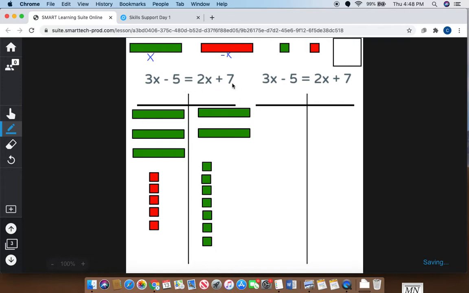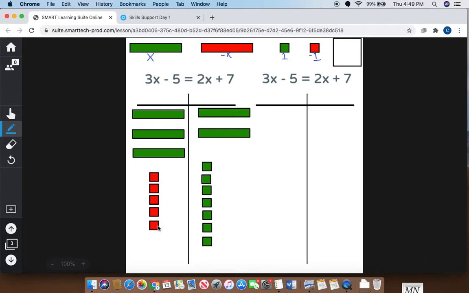Now the numbers, the real numbers here: a green little square means the positive 1. So if I have 7 squares, that means I have 7 ones. And when you add 1 seven times, you get the number 7. The red square represents a negative 1. And if I add 5 negative 1s, it's negative 5: negative 1, negative 2, negative 3, negative 4, negative 5.